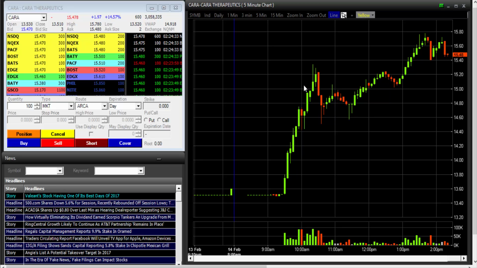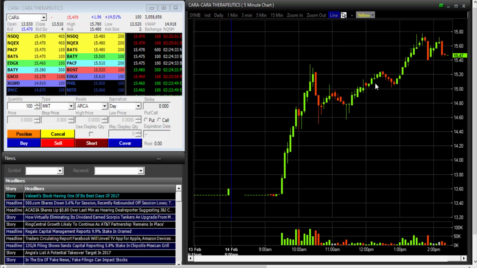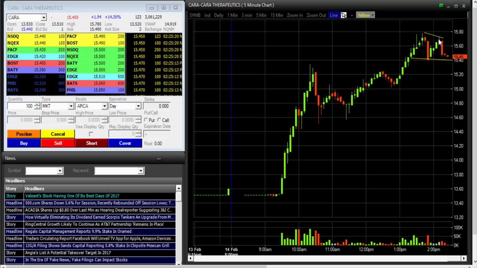For example, over here we can understand that there is kind of a support level at 15.40, and we can understand there is kind of a start of a downtrend, because you can see the highest price over here, and after that a lower high price in this specific candle, and it's not able to cross and break this resistance level. And we can understand that after that it can still go into the downtrend. If it breaks this support level, it will go into the downtrend, and you will see a massive drop on this specific stock.